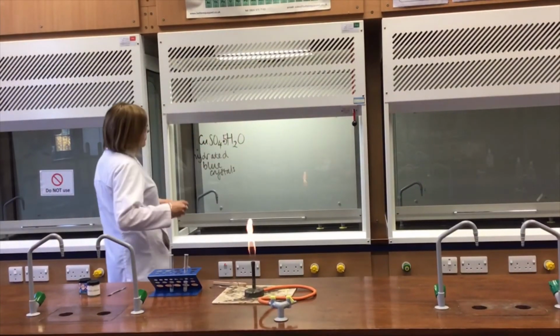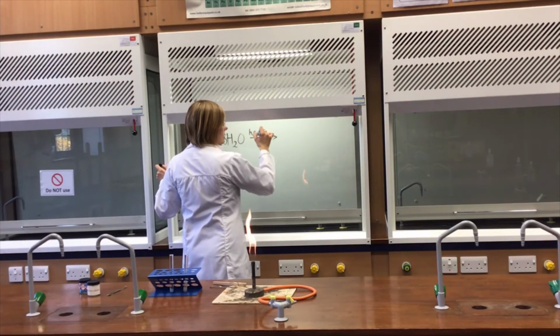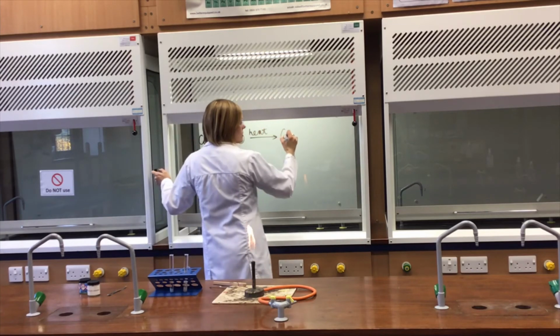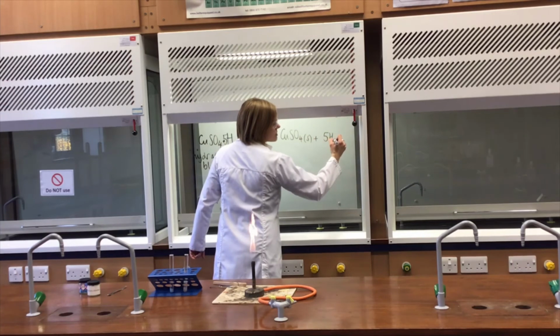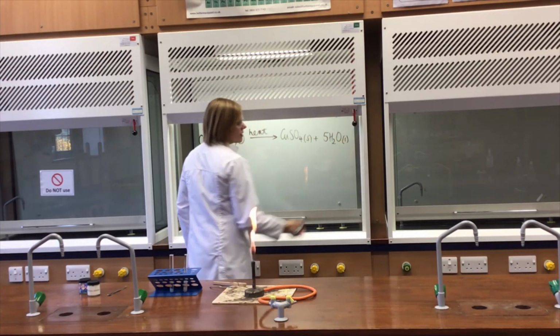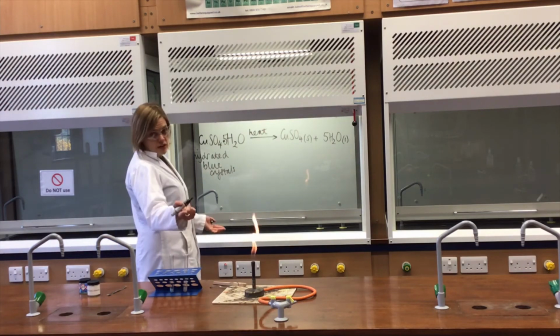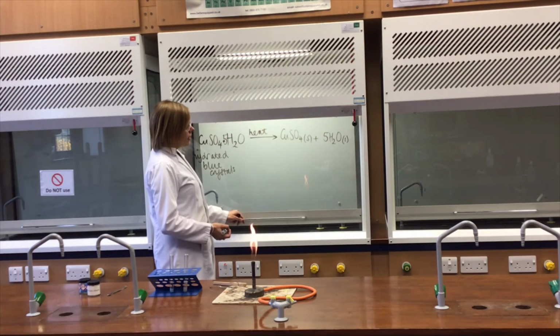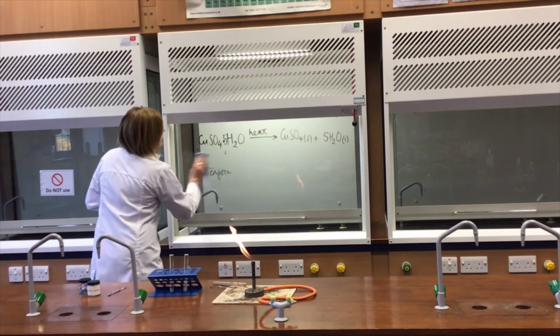So CuSO4 with 5 waters of crystallization, if we heat that up, as I did in the test tube, we get CuSO4, which is a white solid, and those 5 waters of crystallization get driven off. I've put that as a liquid. In actual fact, it will be a gas, which then condenses to a liquid at the top of the tube. But then if we take those 5 waters, I'll just clear off this here now.